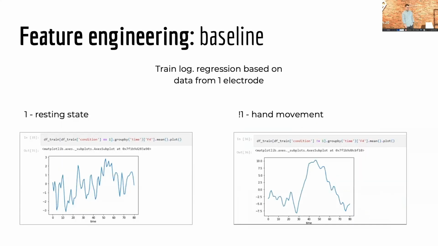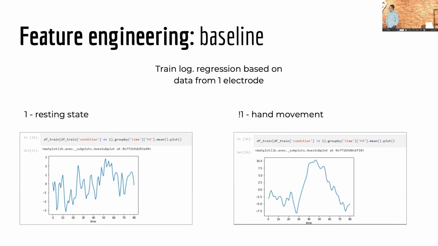You could immediately plot one of the examples from a frontal electrode. You see F4 over here, a frontal electrode, and there are two conditions, for example, hand movement and the resting state. You can immediately see visually that those conditions are differently represented on this plot.